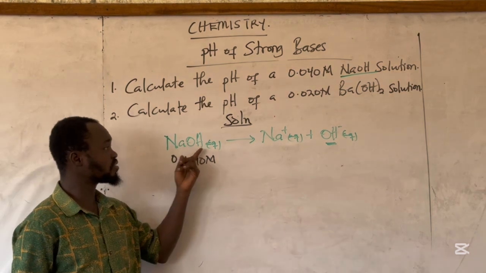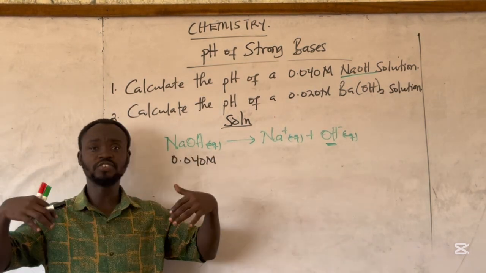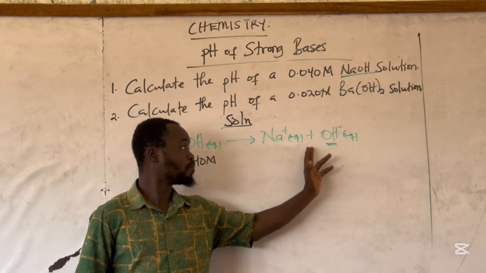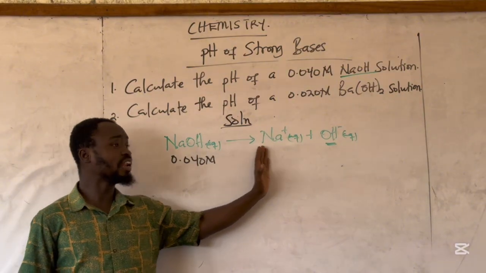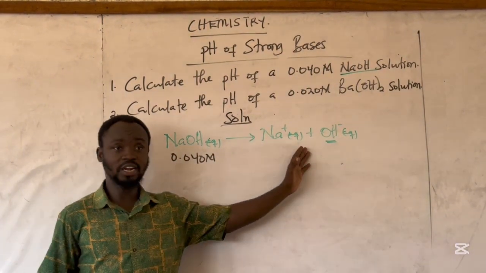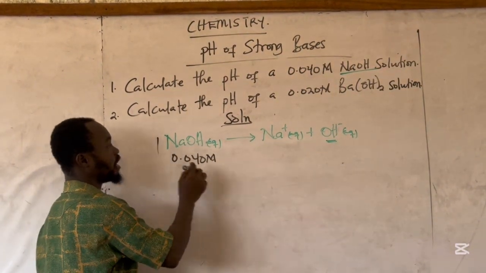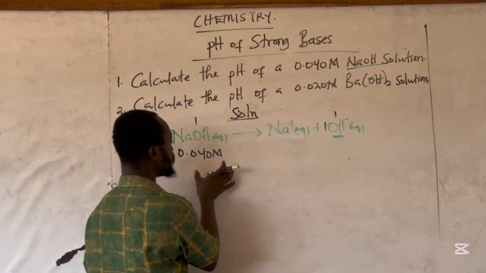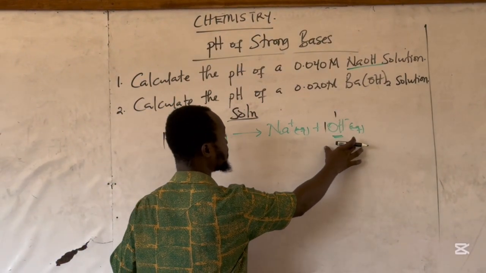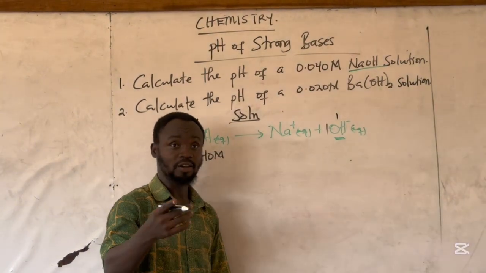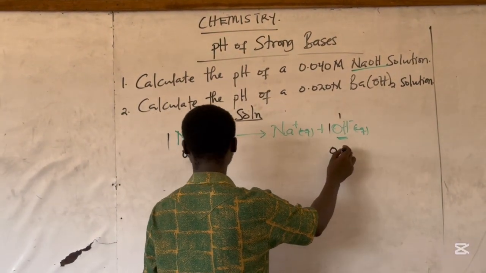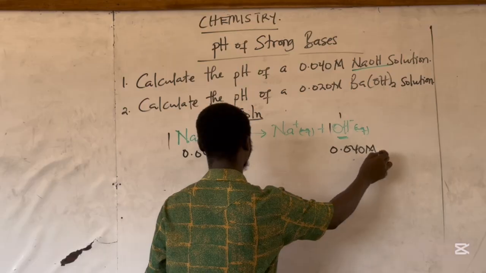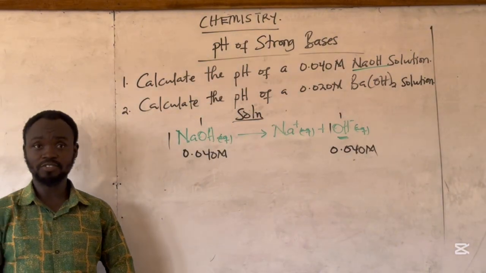The ratio between this and this in terms of its coefficient, in this completely ionized equation, is 1:1. Because we have 1 here, and also 1 here. So the concentration of this is the same as the concentration of the OH minus ion. So we have 0.040 molar for the OH minus ion concentration.